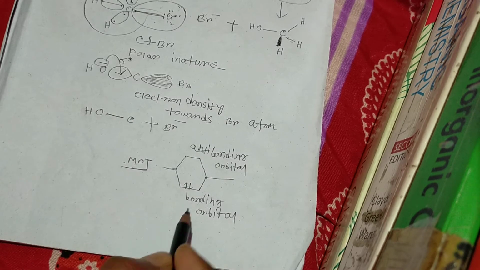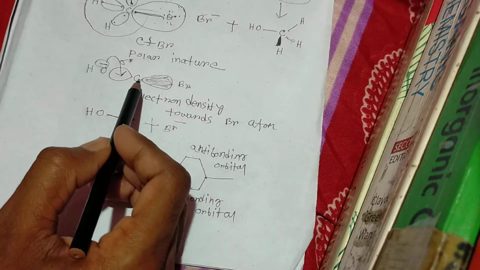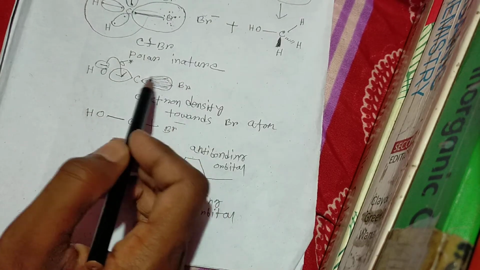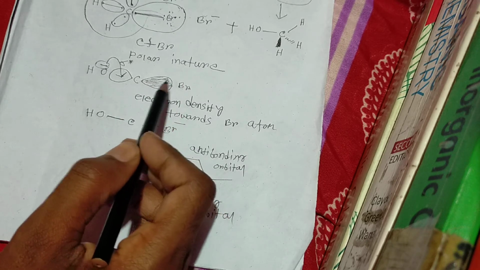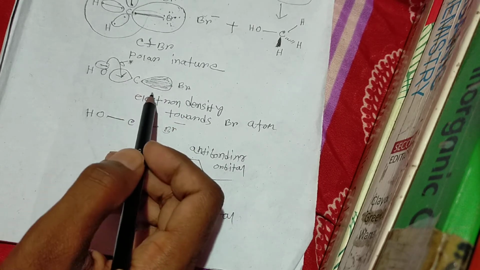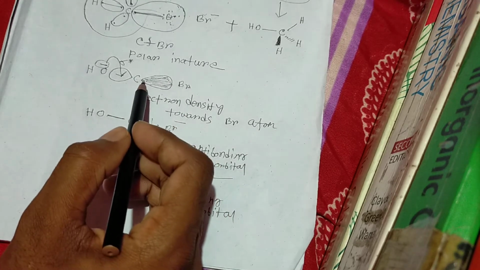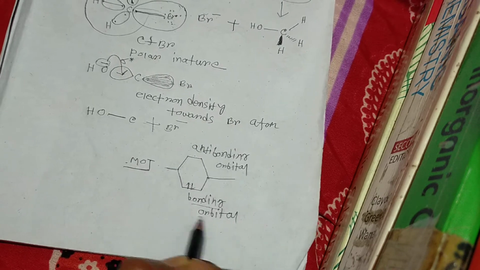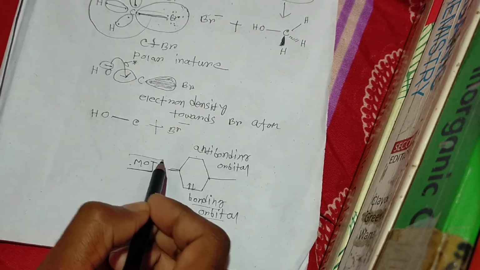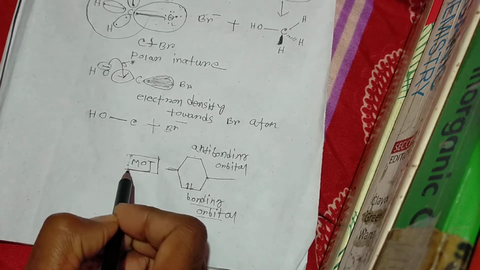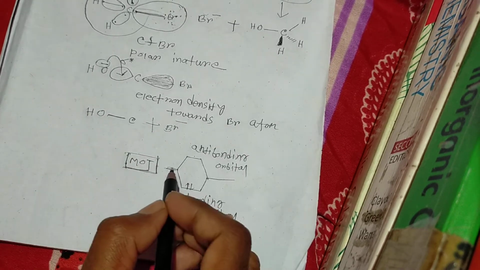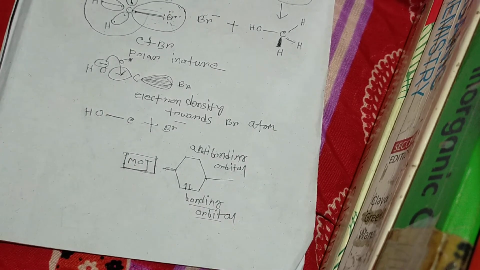See, bonding means when carbon shares one electron with a bromine atom, and bromine also shares an electron to form a bond. Okay, that is called bonding orbital. This is MOT theory, that is called molecular orbital theory. Okay, it is very interesting.